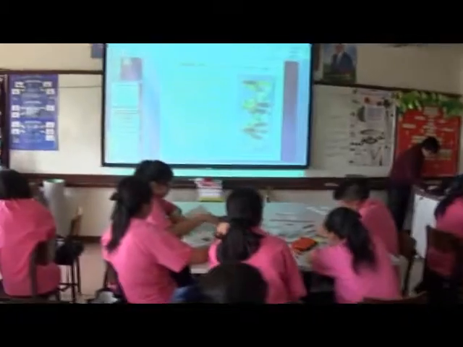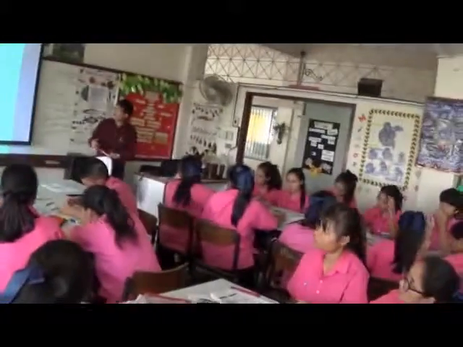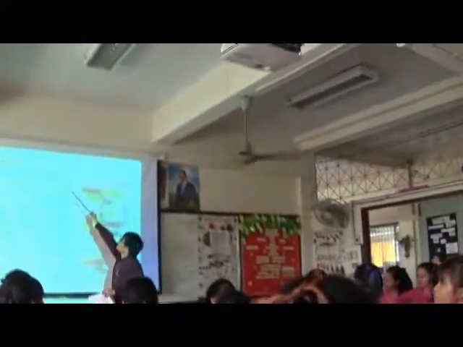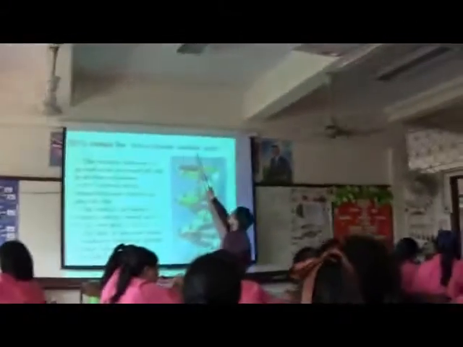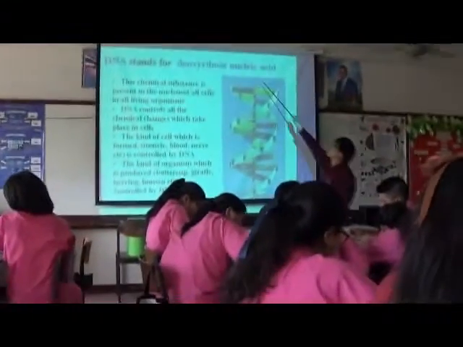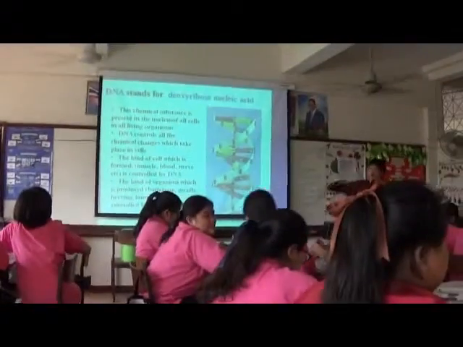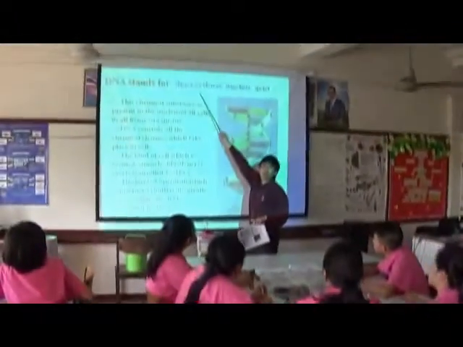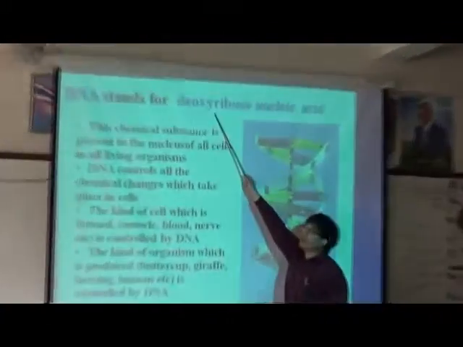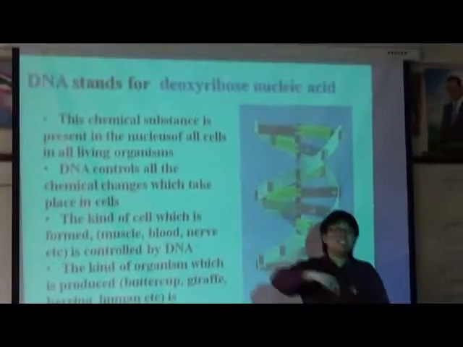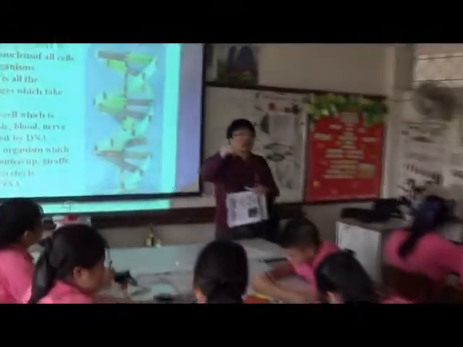Okay. The next one. You highlight this. Deoxyribose nucleic acids. What's the name of deoxyribose? DNA, okay, DNA. That's the component of sugar.